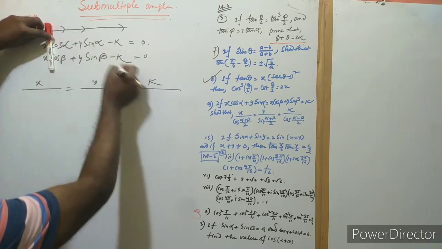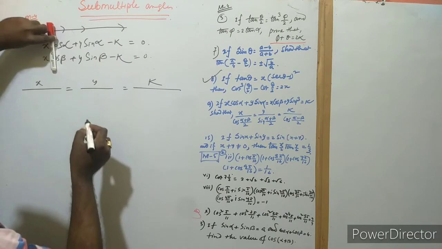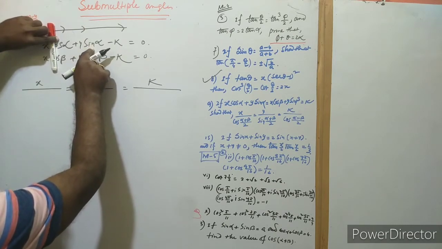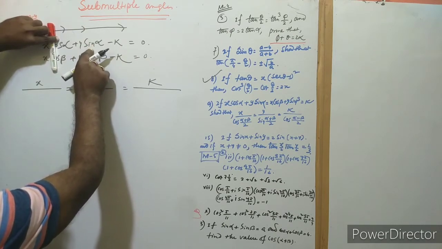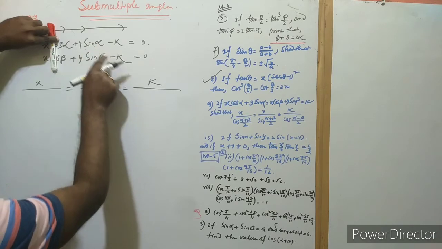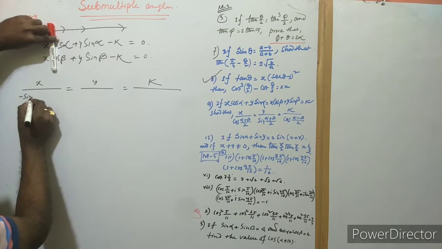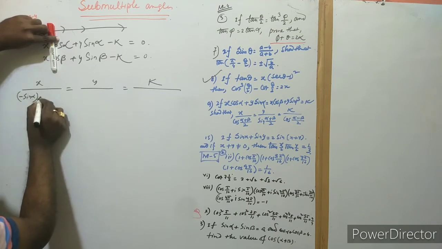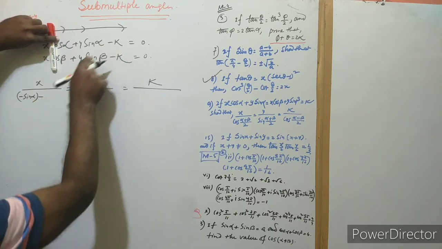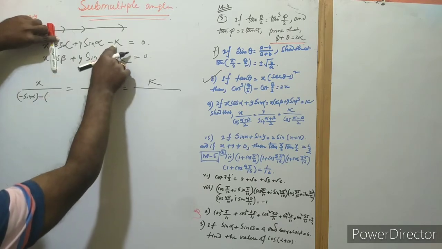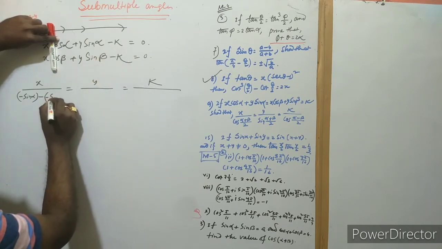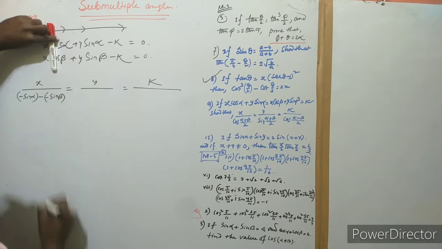So like that zigzag method, when this is absent, then the coefficient starts from here, okay, and the coefficient of y here is sin alpha, and coefficient of k is minus 1. So you can take a minus sin beta alpha, okay, and then after minus product of that, okay, coefficient here is minus 1 and this is sin beta, minus sin beta, okay, this is the technique.